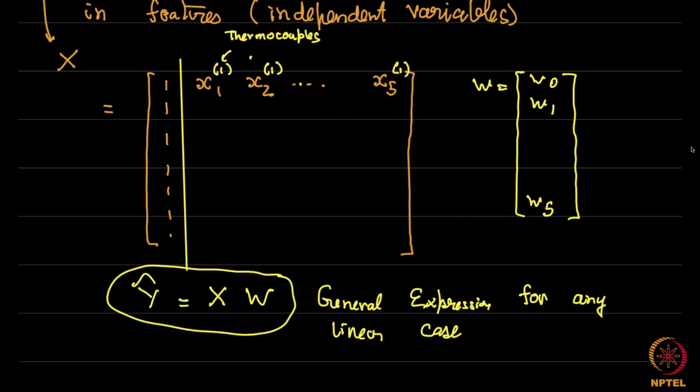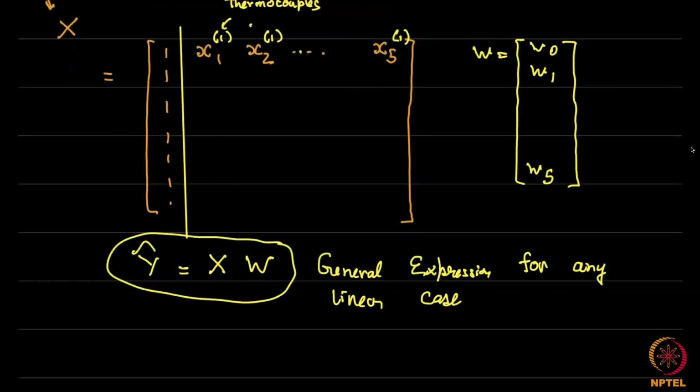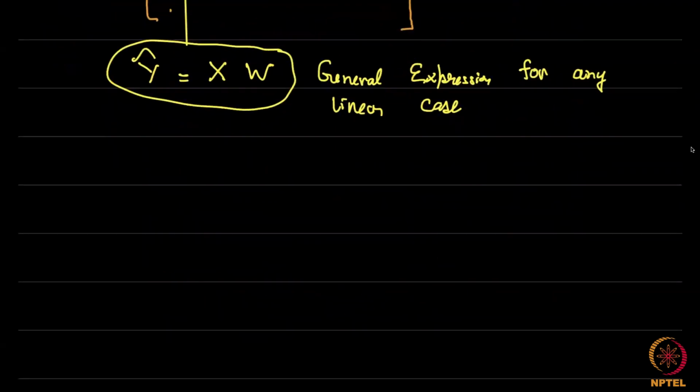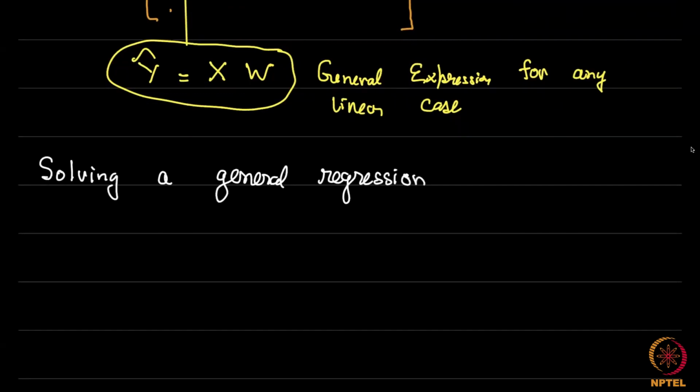But how does this help us solve the optimization problem? So let's look at that now. Solving a general regression problem. If you recall, last week, we had two independent solutions. Even though there was some pattern that we could notice, there were two independent solutions for a linear case and for a quadratic case.